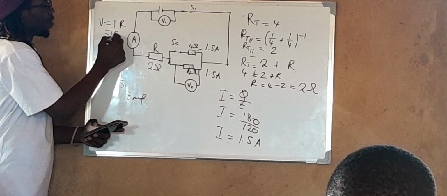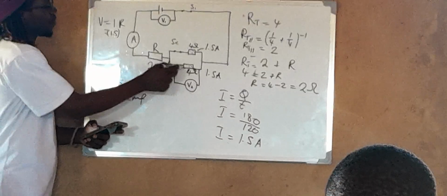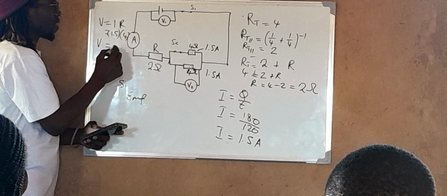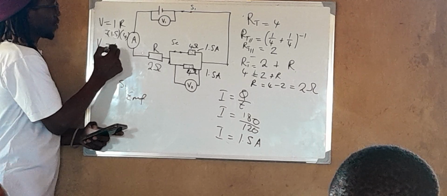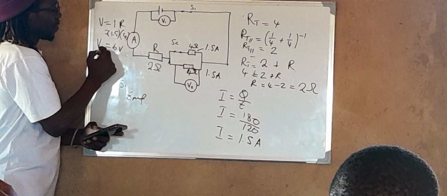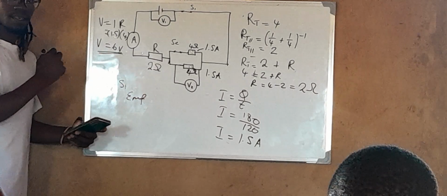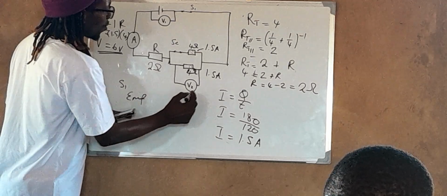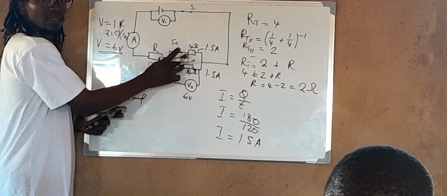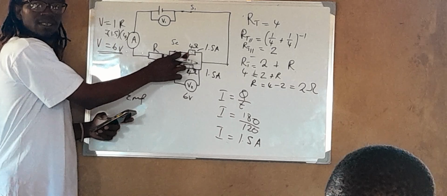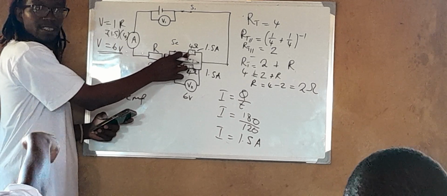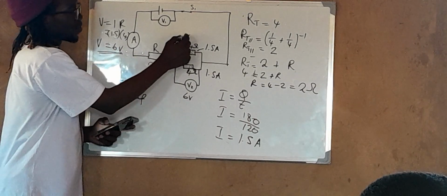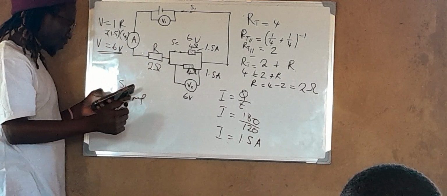The current is 1.5 and the resistance is 4, so the voltage passing through there is 6 volts. What about here, without any calculation? 6 volts as well, because the voltages in parallel are the same. So this is also 6 volts.